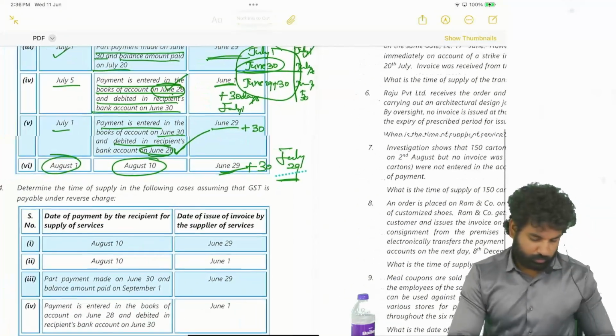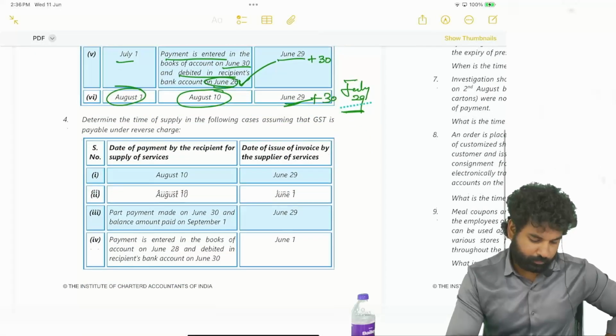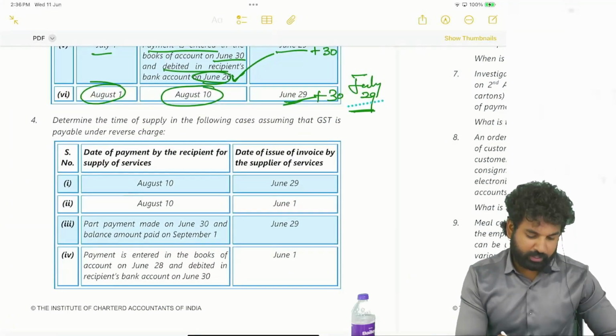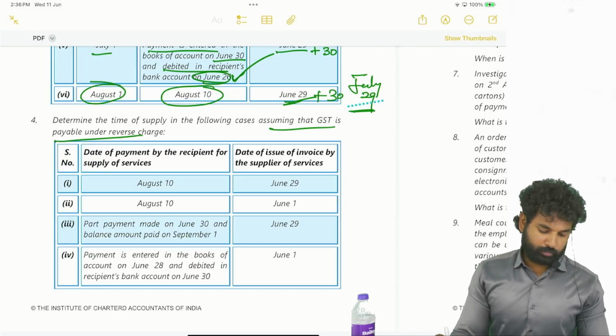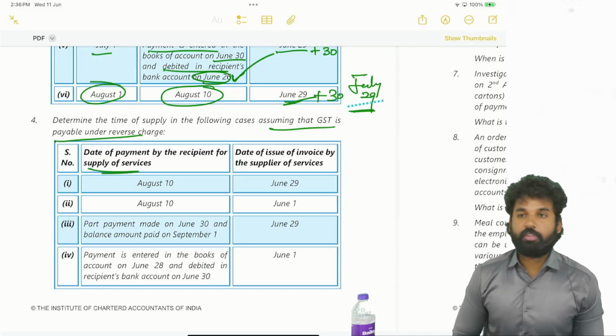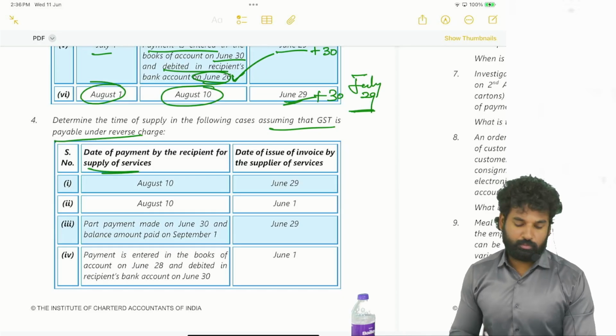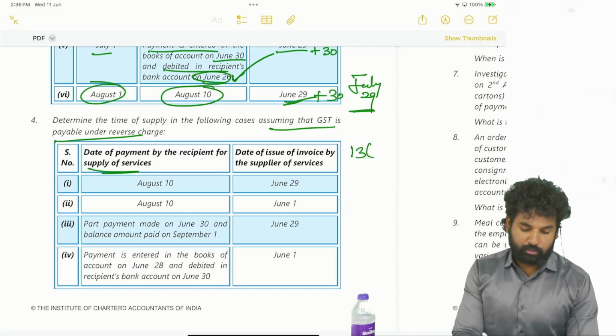Okay. So next question you see. Determine the time of supply in the following cases, assuming that GST is payable under reverse charge. See here they are asking about services. Which section? 13(3). What is the provision?